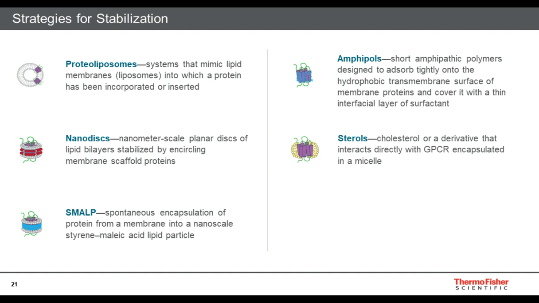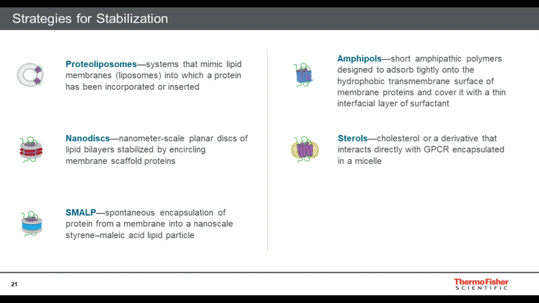Next, the SMALP approach is similar to nanodiscs in that it involves the spontaneous encapsulation of proteins from a membrane into a wrapped nanoscale particle, but instead of a protein scaffold, styrene maleic acid wraps the protein lipid particles.